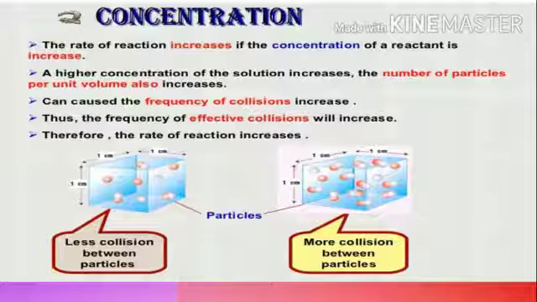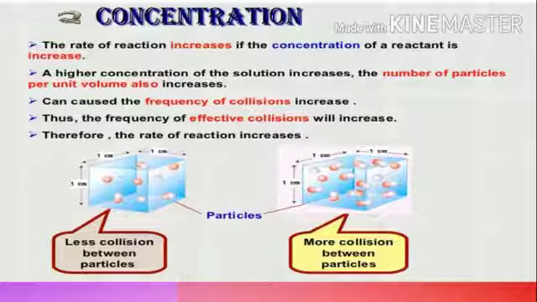Thus, the rate of a reaction is directly proportional to the concentration of the reactants. An increase in the concentration brings more frequent collisions between the reacting molecules, thereby increasing the number of effective collisions which bring the chemical change. Or we can say that the rate of reaction also increases.